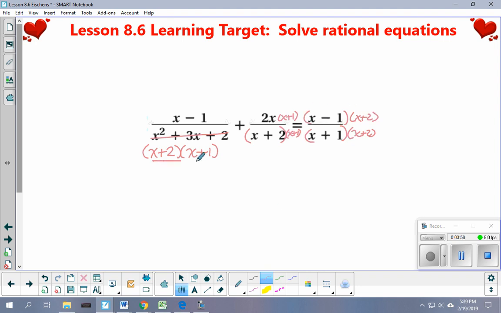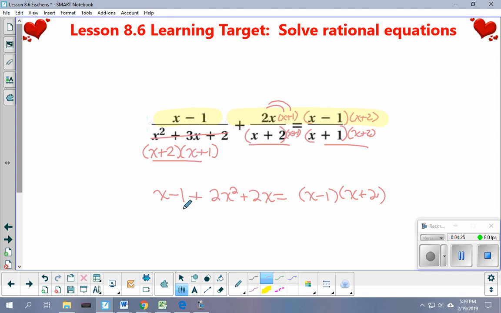So now the denominators are all the same. So let's again focus on the numerator. So we have x minus 1 plus, and we'll just distribute this as we write it, 2x squared plus 2x. And on the right side, we have x minus 1 times x plus 2.